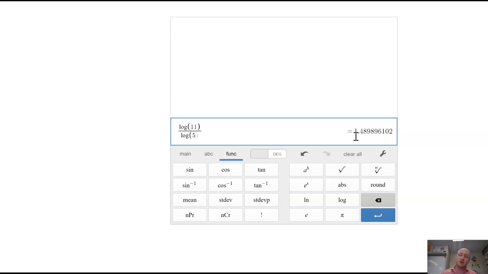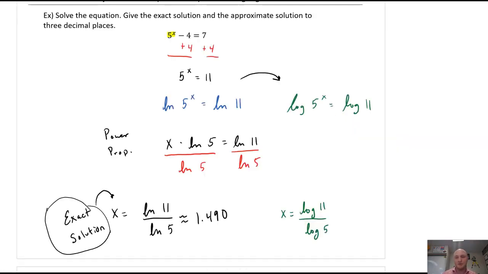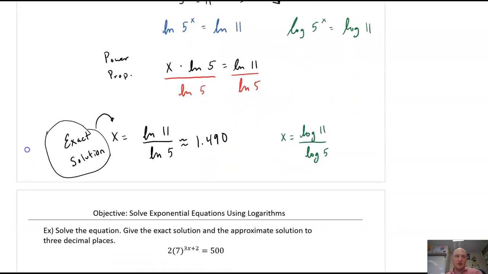There are some situations where it's better to use the natural log versus the common log, and vice versa, and that depends upon your exponential base. But in this case, you can use either one. I tend to use natural log because I think it appears more often. So here's your exact solution, and then lastly, here is your approximate solution.